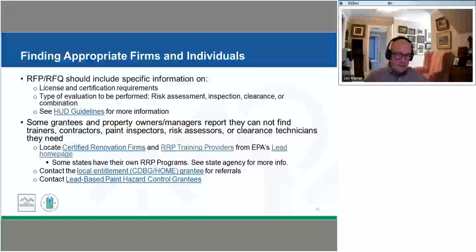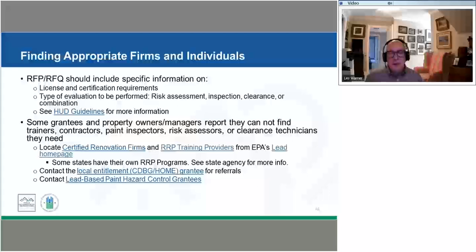A couple of other sources in trying to determine, do we have qualified folks in this area? If you are in an area where you have a local entitlement community or participating jurisdiction who is operating a CDBG or HOME-funded program, they may well, particularly if they are running things like a homeowner rehabilitation program, which is pretty common, already have a list of certified firms in your area and may be able to provide some referrals on those.